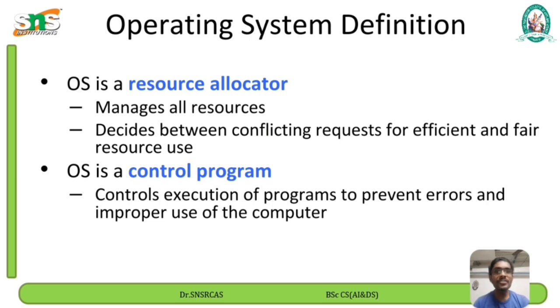It manages all the resources, controlling what hardware components are connected with that particular computer, and decides between conflicting requests for efficient and fair resource utilization. It also controls programs. Programs are nothing but applications installed inside the computer. It controls the execution of programs to prevent errors and improper use or misuse of the computer.